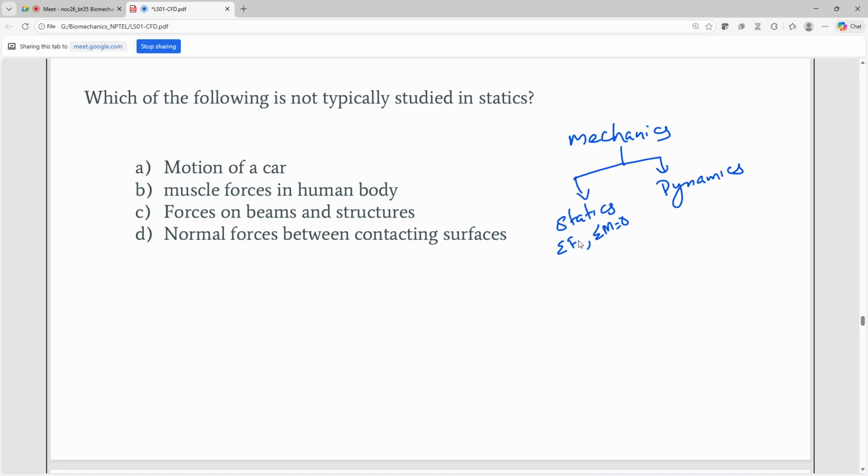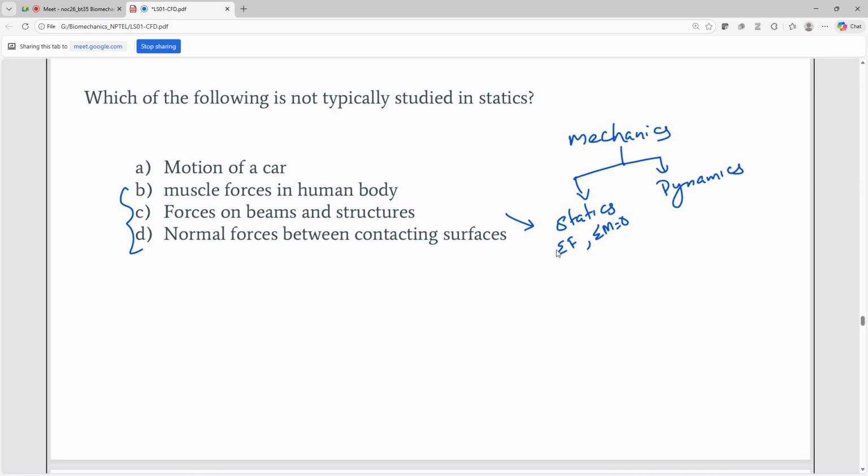Any case where the net force is equal to 0, or net force and moment are equal to 0, all such cases come under statics, whereas dynamics is the study of bodies in motion. So if you see here, all three, B, C, D, can be assumed to be static.